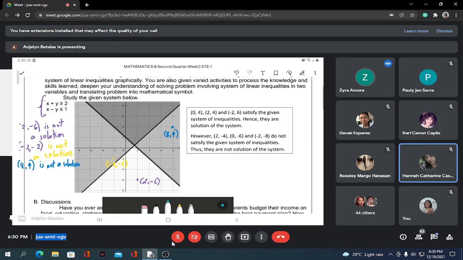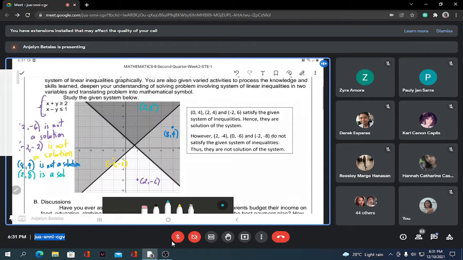Yes, (2, 8) is a solution, just like (0, 4) and (2, 4). That is a solution. But (2, -6) and (-2, -6) are not solutions. What we call satisfying.